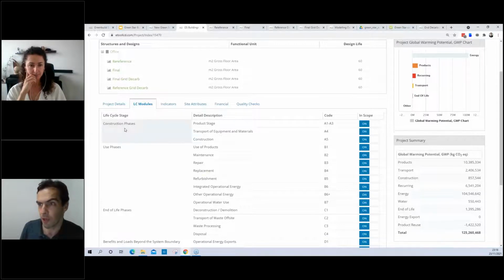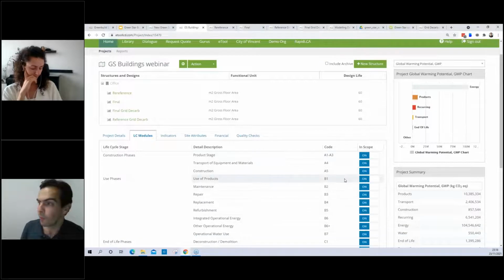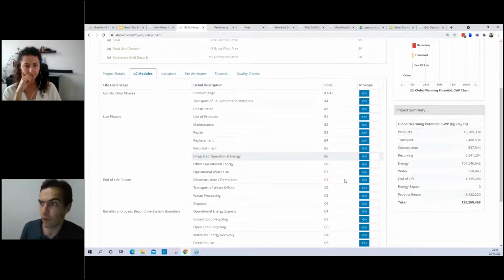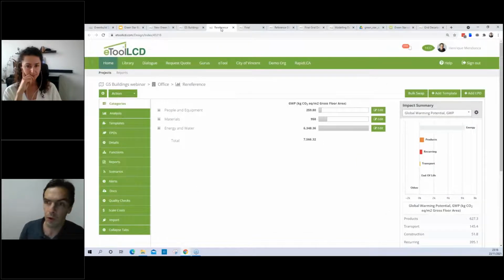So we're going to be using, at the project level here, the lifecycle modules to segment the scope and navigate through the results. I'm using a typical office building in Australia to represent a reference result, what business as usual looks like.